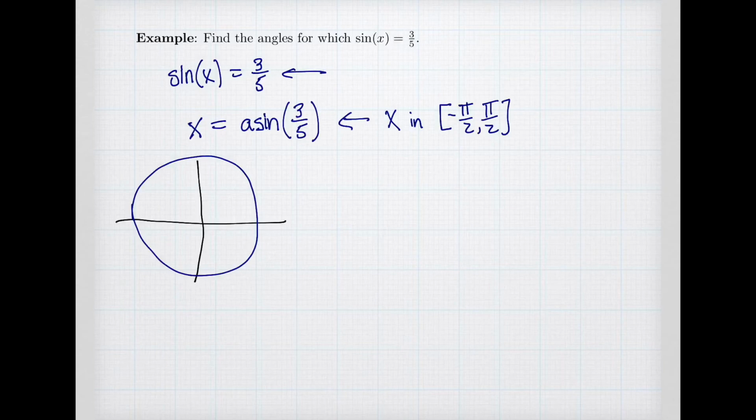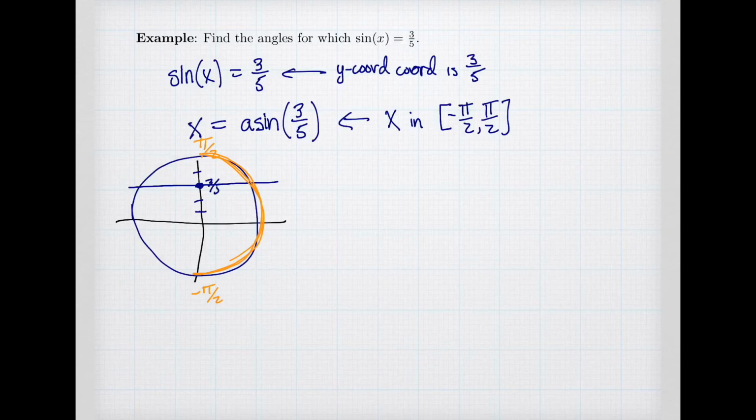The sine of x equals 3/5 means I have a y-coordinate on the circle that's equal to 3/5. So I think, well, where is 3/5? 1, 2, 3, 4, 5. There we go. 3/5 is a height on the axis. And our restricted domain says we're finding values between minus pi over 2 and pi over 2.